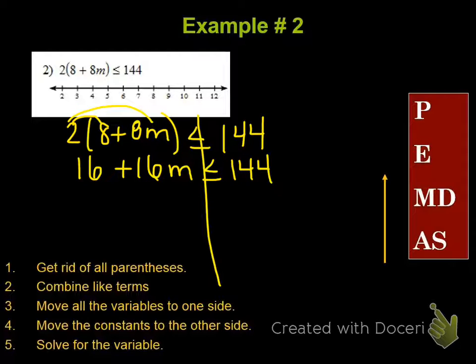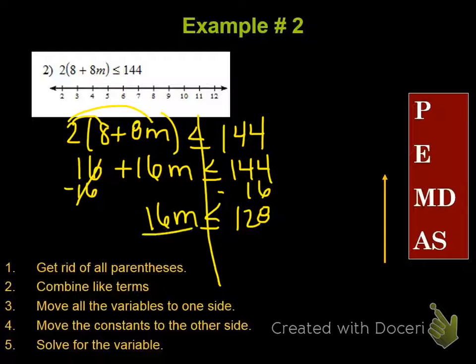At this point I do not have any like terms, so I'm going to solve for m. So I need to subtract 16. So I have 16m on the left hand side is less than or equal to 128. I'm going to divide by 16.